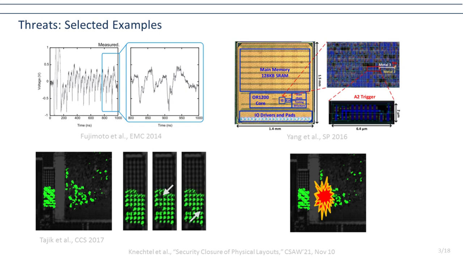So let me be a bit more specific. What are the actual threats we are looking at in this work? Illustrated on the upper left is a measurement of the voltage, and we see those fluctuations, which are also called IR drop. This IR drop is caused basically by the switching activities of a circuit when some computation is performed.